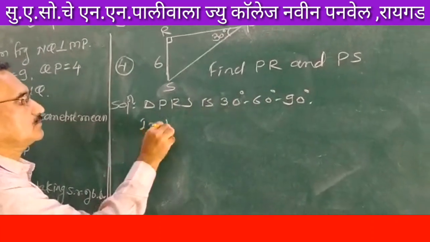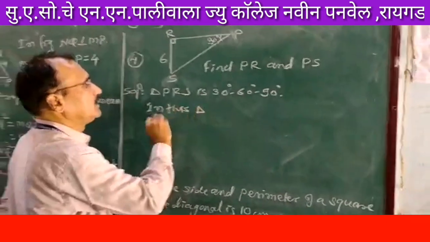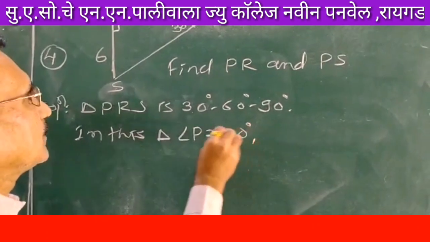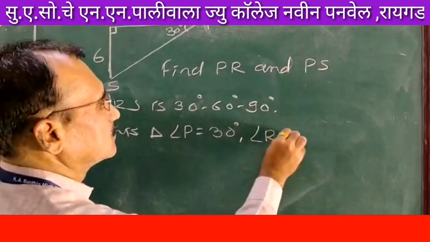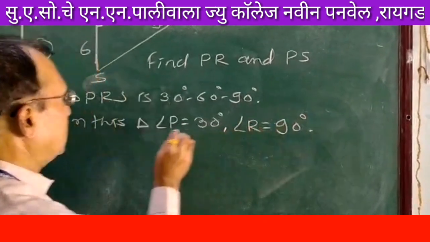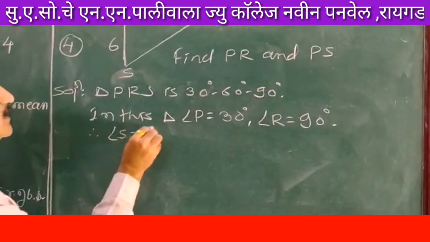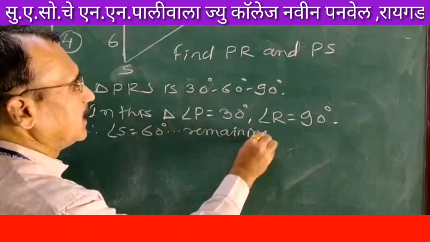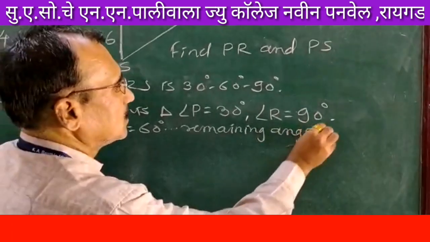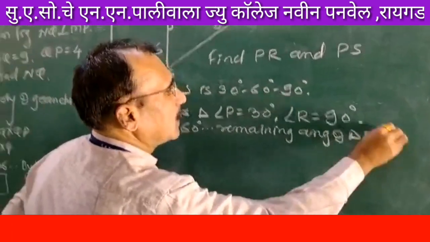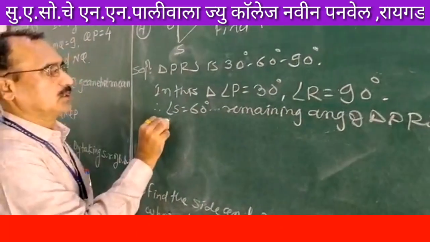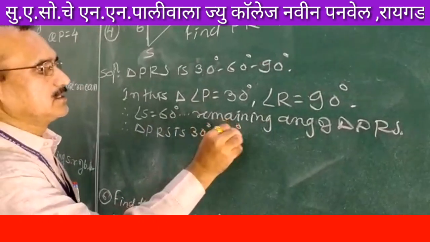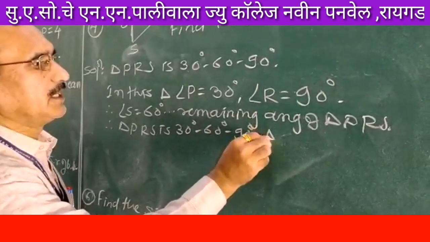In this triangle angle P is equal to 30 degrees, angle R is equal to 90 degrees, and therefore angle S is equal to 60 degrees, the remaining angle of triangle PRS. Therefore triangle PRS is a 30, 60, 90 degree triangle.